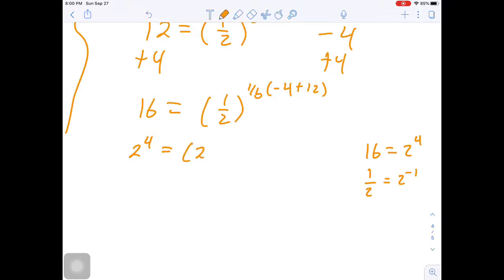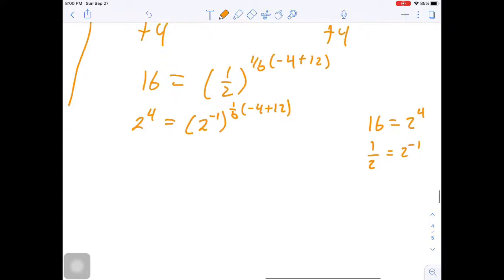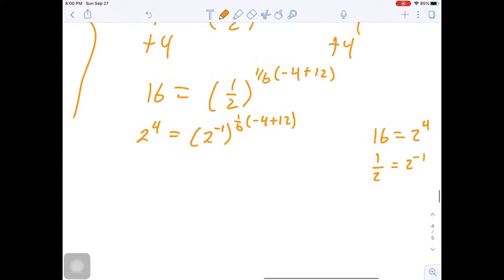So this will be 2 to the power of negative 1 times 1 over b times negative 4 plus 12. And then from there, we have 2 to the power of 4 equaling. Now, let's simplify this. I probably should have simplified negative 4 plus 12 a long time ago. So this is 2 to the power of negative 1 to the power of 1 over b times, negative 4 plus 12 gives me 8.